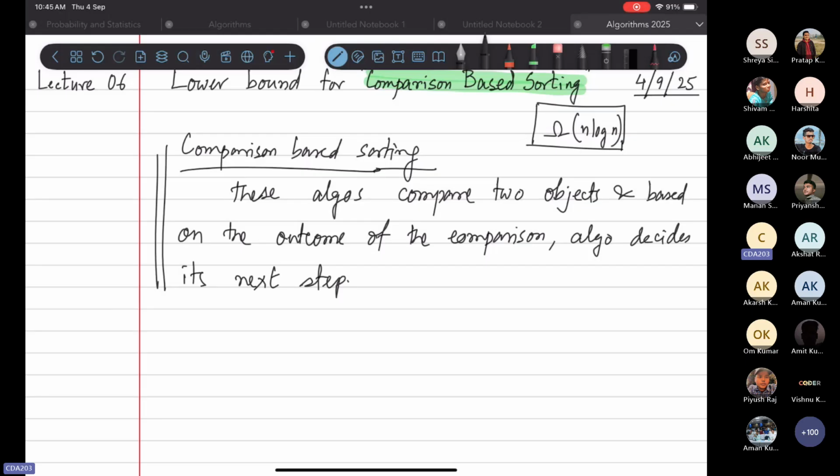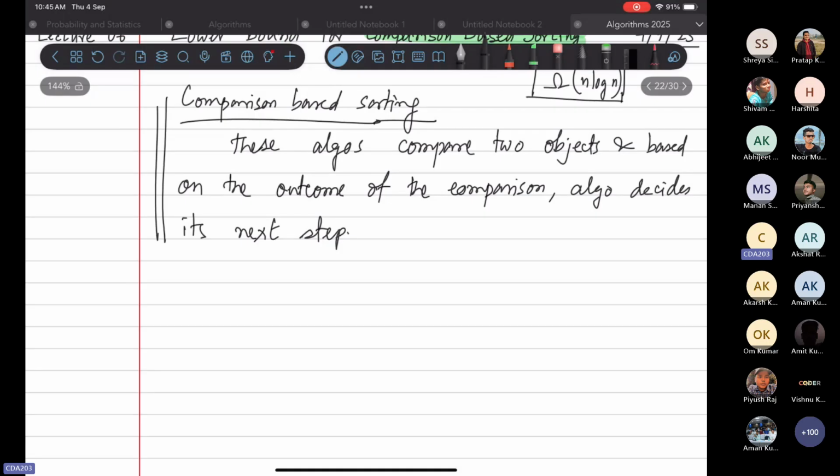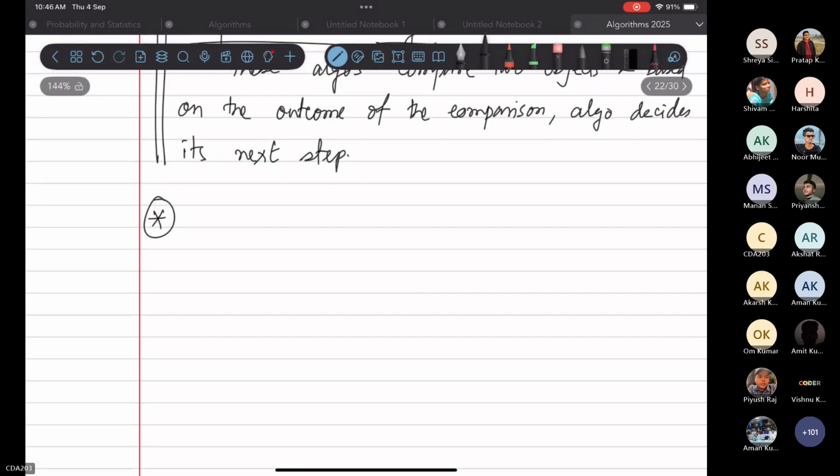So to prove this result, first you must know the result. Let me write the result.